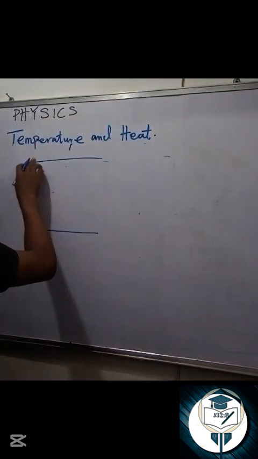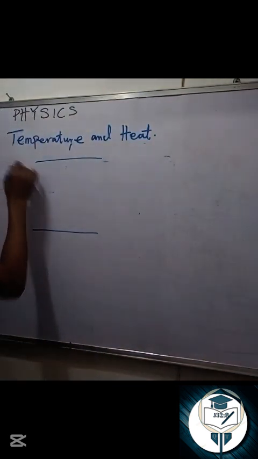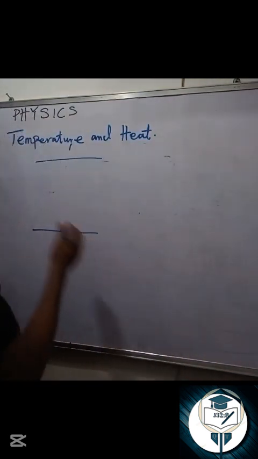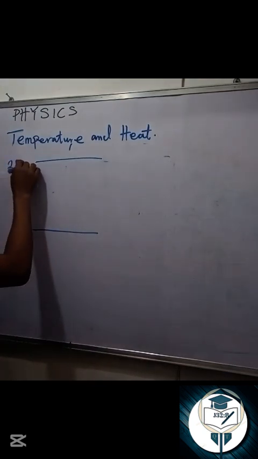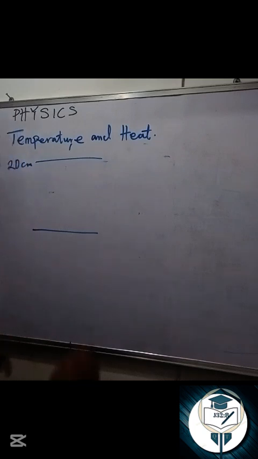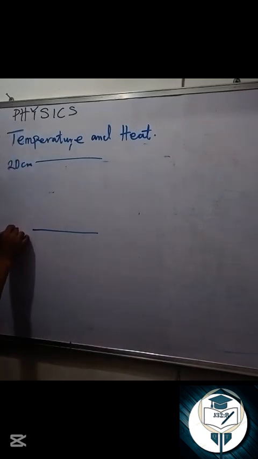So let's say the upper fixed point of the mercury glass thermometer is 20 centimeters, and the lower fixed point is, let me just say, 8 centimeters.